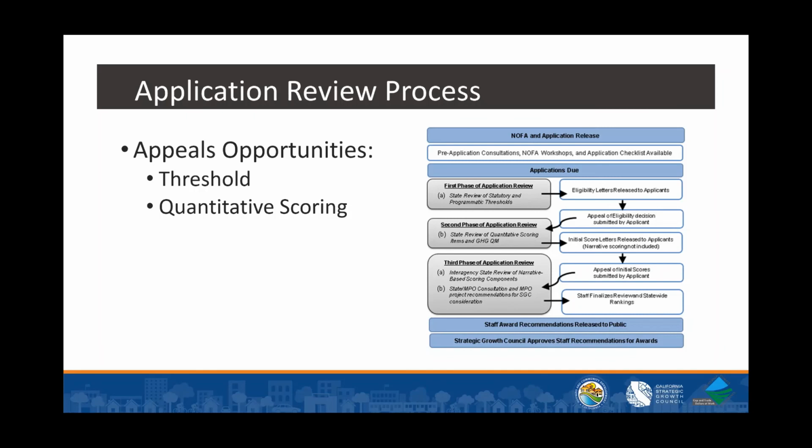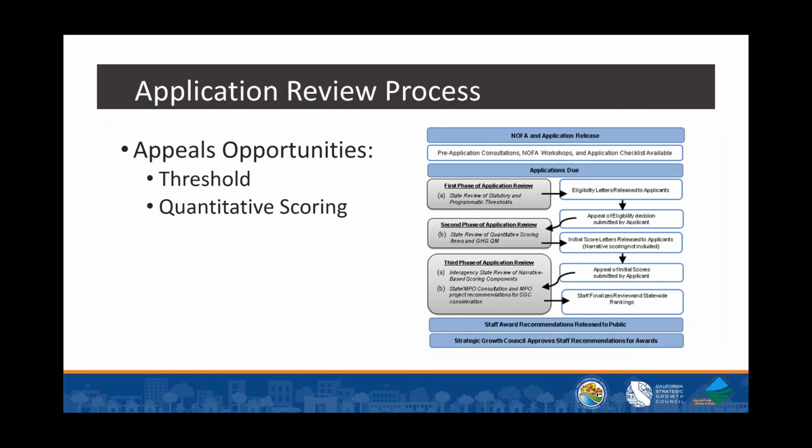The next stage is the narrative review, where the narrative scoring section is reviewed to determine the final 15 points of an applicant's score. For this scoring section, there is no appealing option.